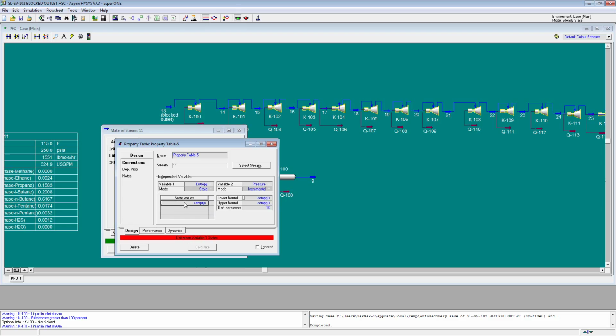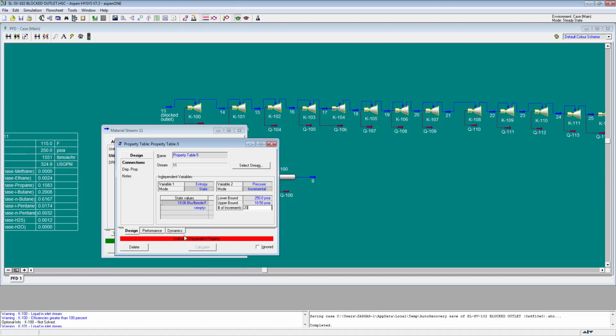Now we enter the state value of 19.06 that we checked in the conditions tab. The lower bound for pressure is the relieving pressure, which is 250 psia, and upper bound is the destination pressure, which is 18.5 psia. Number of increments is 20.